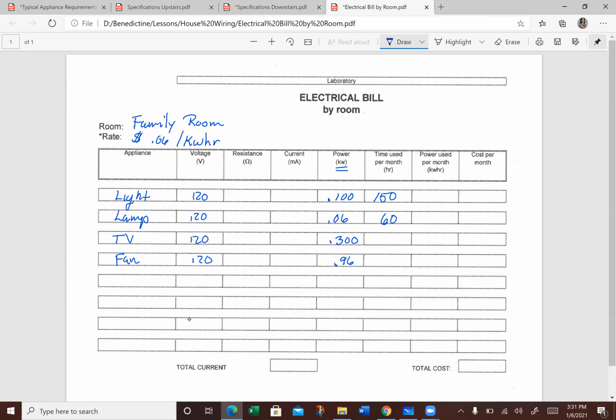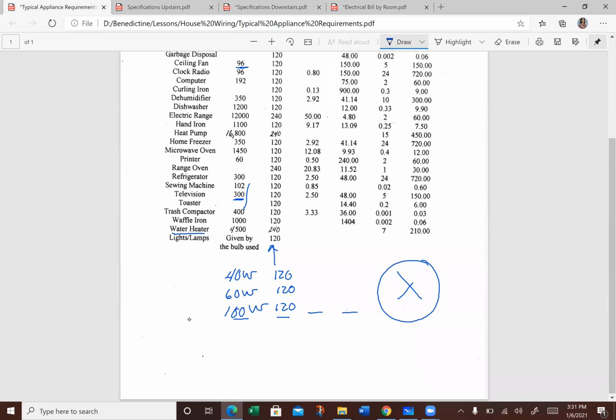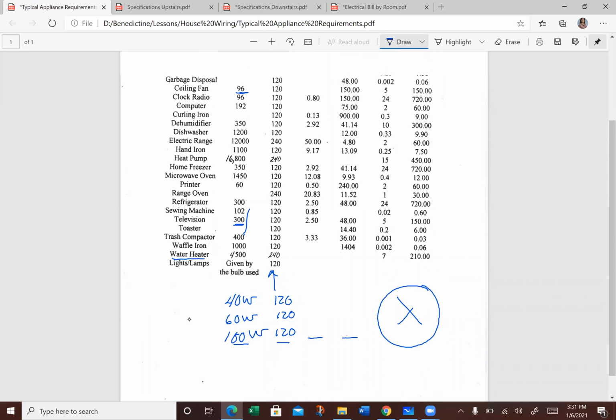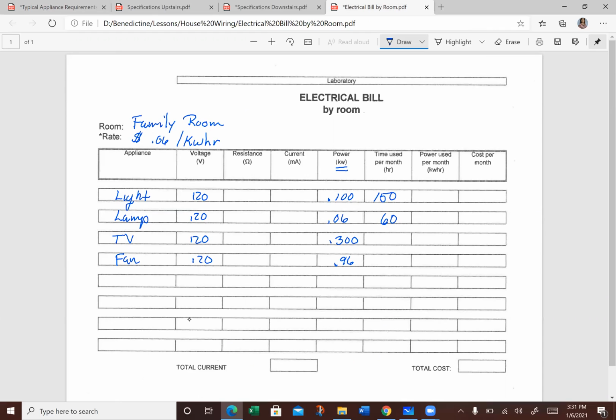For the TV, if I go back here, remember, I said the time for each light you're going to determine. The other things, this is the average of the American household. So the television is on 5 hours a day, 150 hours a month. So I'm going to go back over here and write down 150 hours, which makes sense, matches my light.